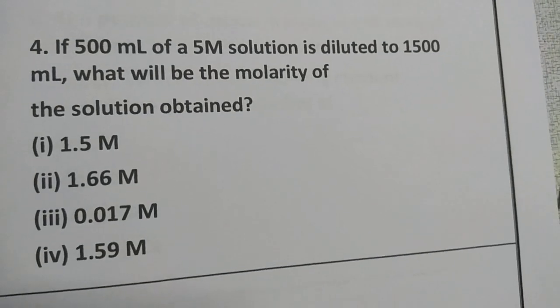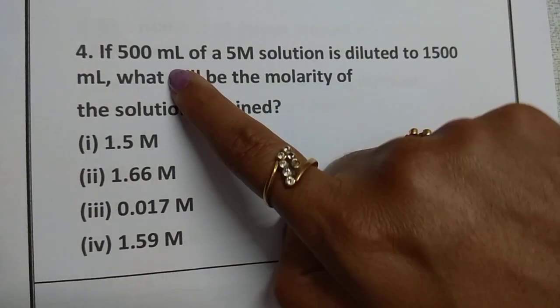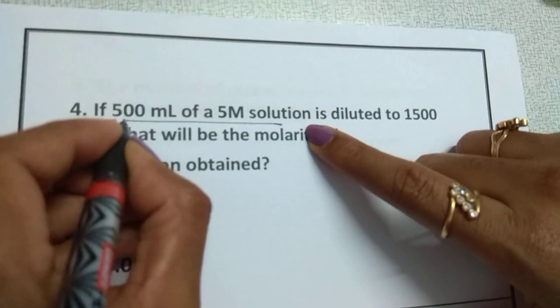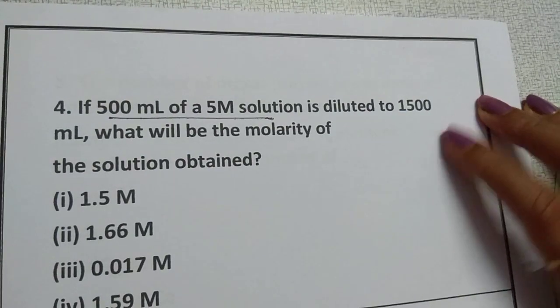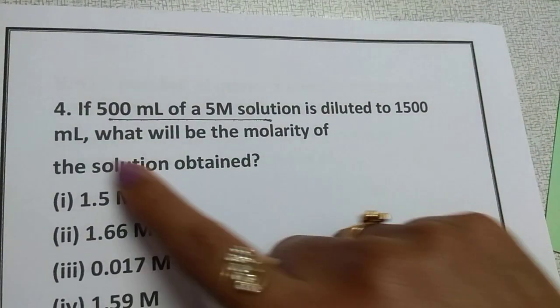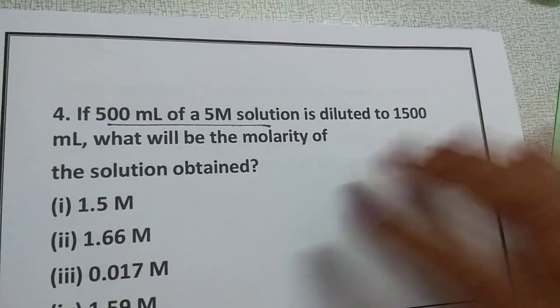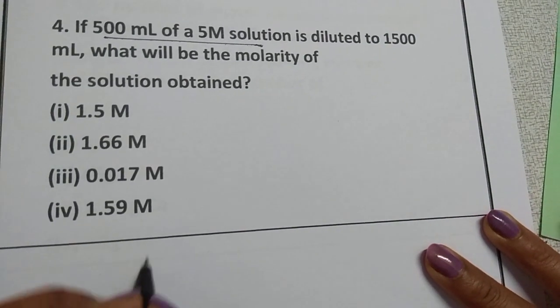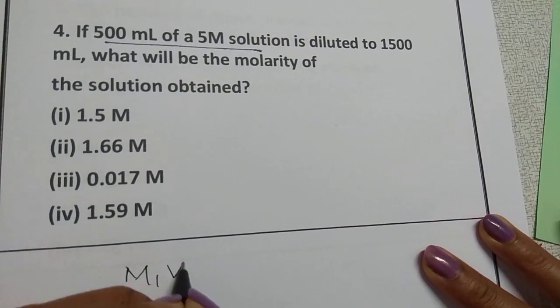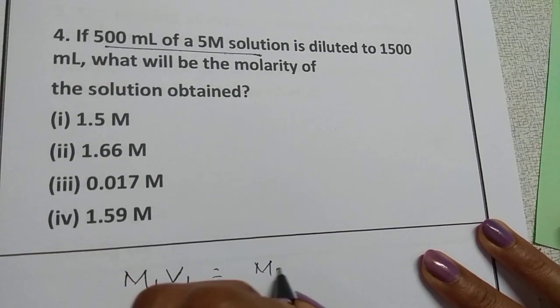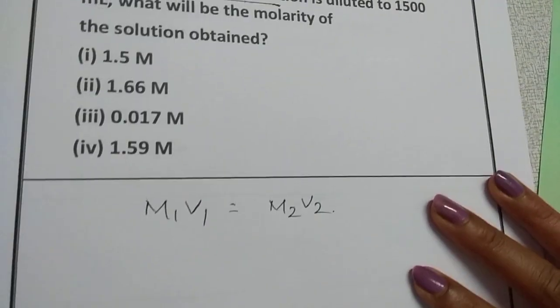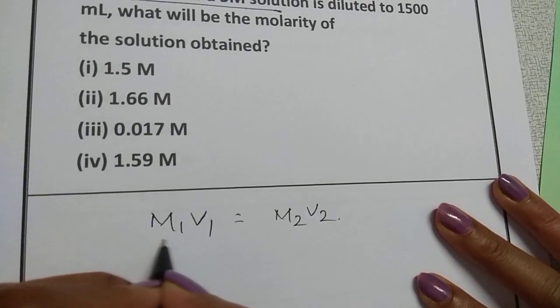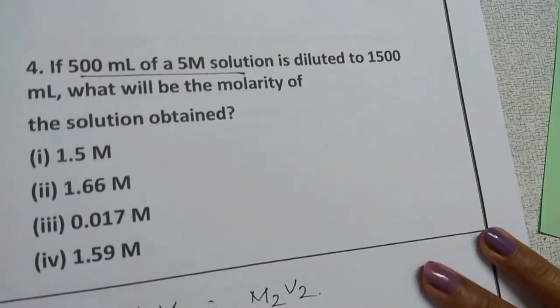Next question is, if 500 ml of a 5 molar solution is diluted to 1500 ml, what will be the molarity of the solution obtained? So we have a formula, M1V1 equal to M2V2. Okay, now see here, molarity is given initially, 5 molar.